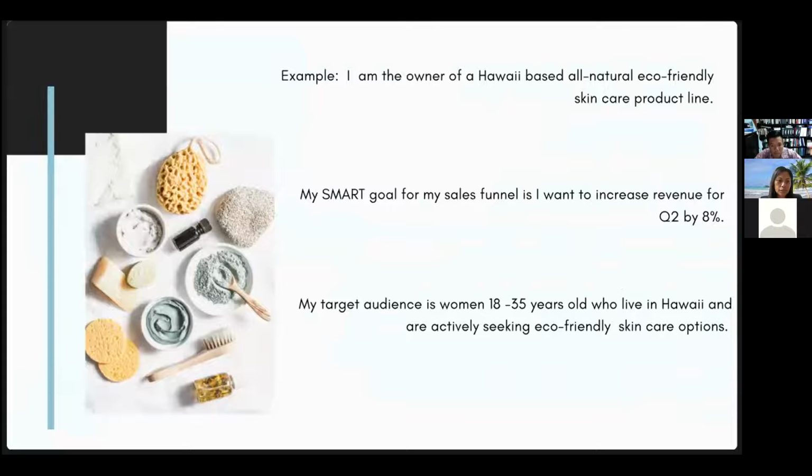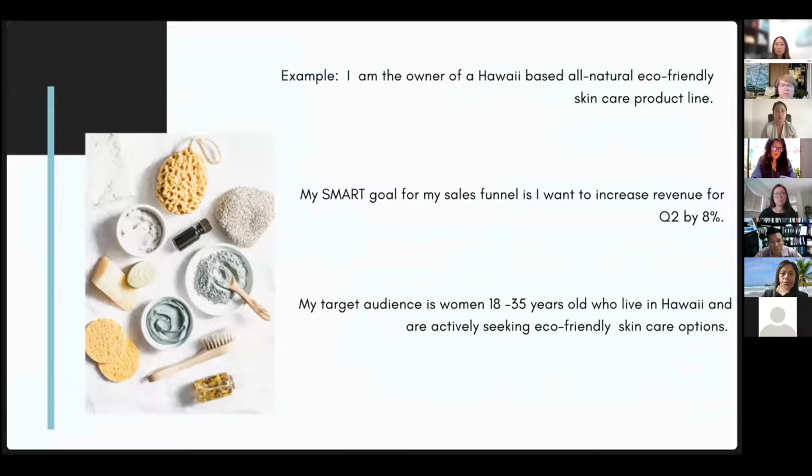So here is an example company that I will be basing this off of. I am the owner of a Hawaii-based, all-natural, eco-friendly skincare product line. And my SMART goal for my sales funnel is that I would like to increase my revenue for Q2 by 8%. So I've stated what my goal is. It's achievable.